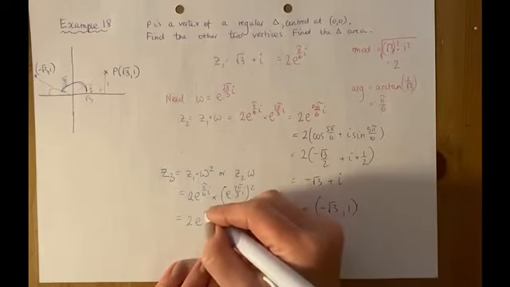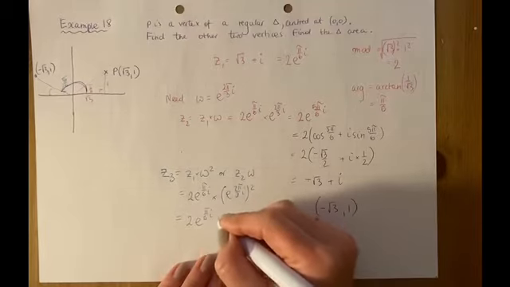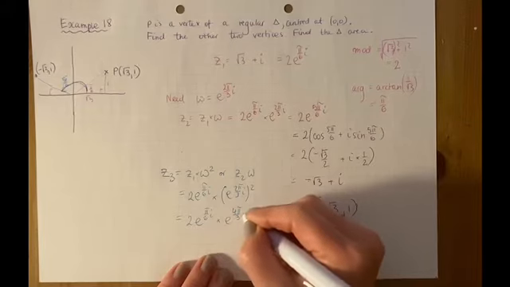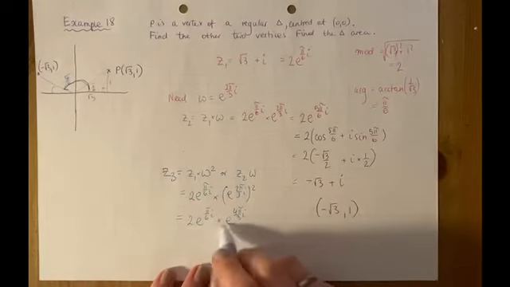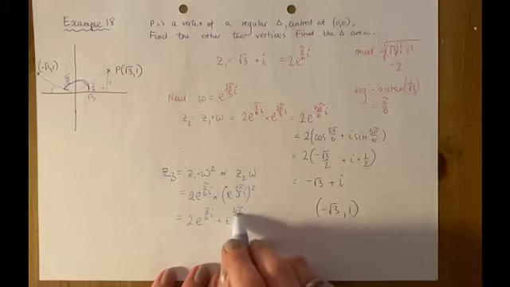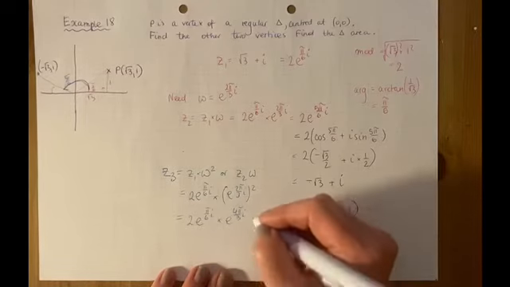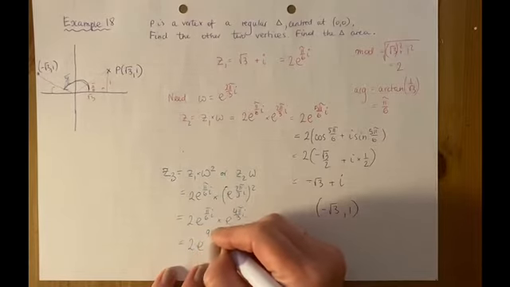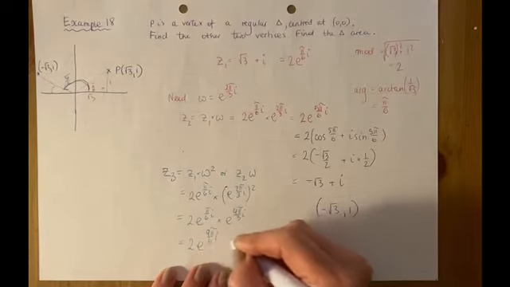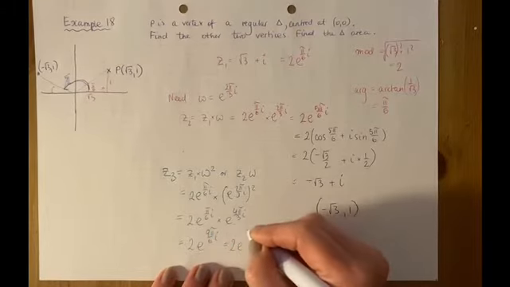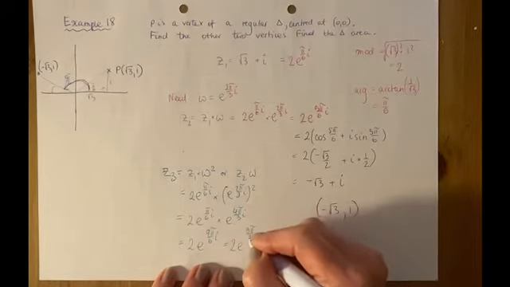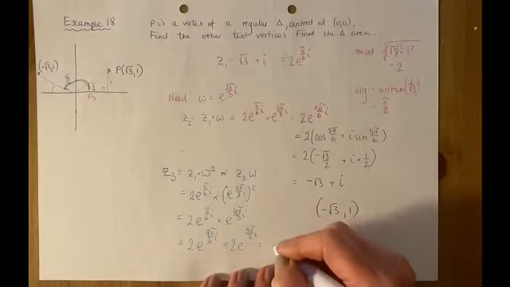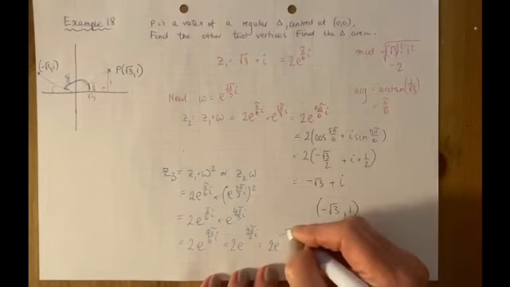So you're going to have pi over 6 i multiplied by e to the power of 4 pi over 3 i. So adding these two together, you're going to get 8 plus 1. So it's going to take you to 2e to the power of 9 pi over 6 i, which is 3 pi over 2 i. If you adjust it by taking 2 pi from that, you have 2e to the power minus pi over 2 i.